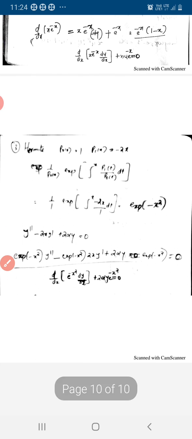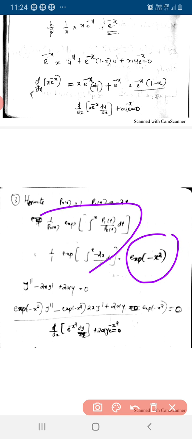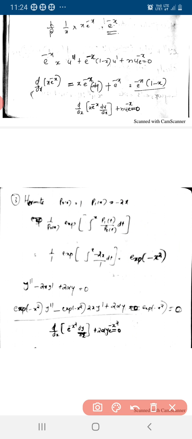And for the Hermite, we can see the term that we have to multiply is exponential minus x square by the same method, and we can obtain the self-adjoint form of the Hermite equation. So any non-self-adjoint differential equation can be converted into a self-adjoint differential equation.